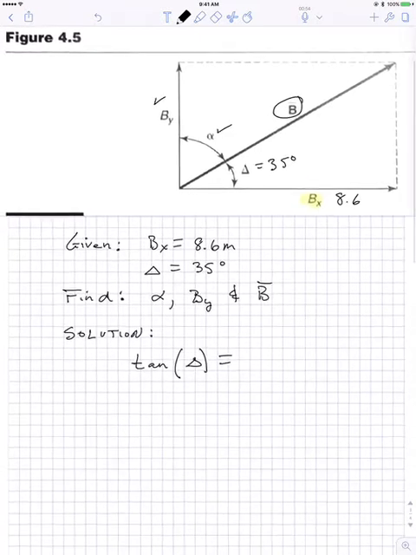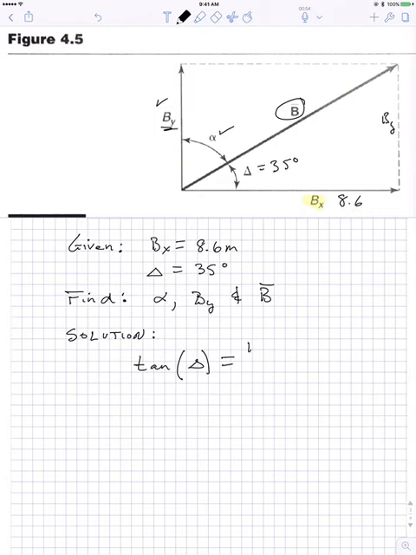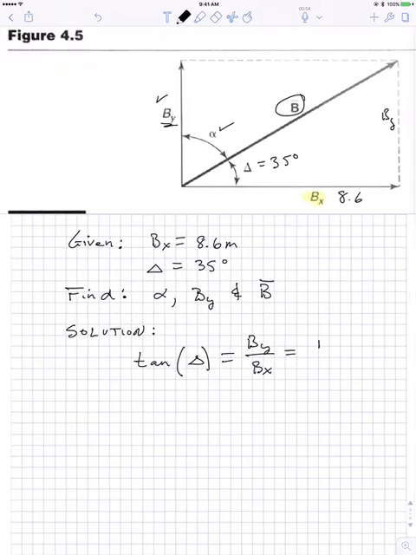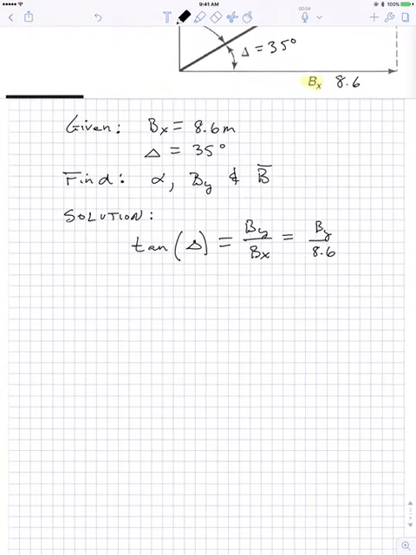Okay, so the opposite is length By. All right, so over here, By also shows up here. Over adjacent, which we know to be Bx, and that's 8.6, and we know that delta is 35 degrees. So at this point we can solve for By.